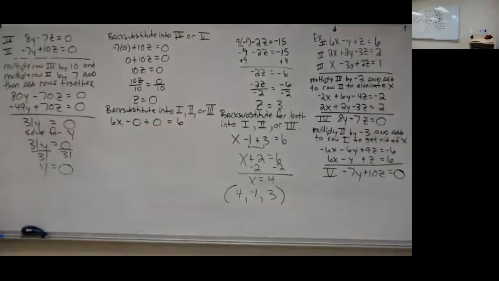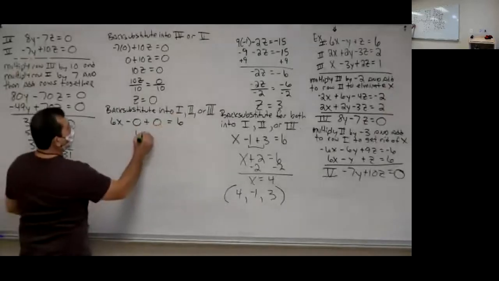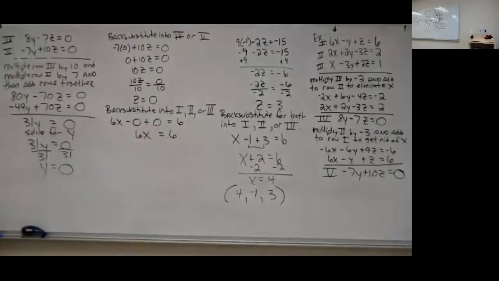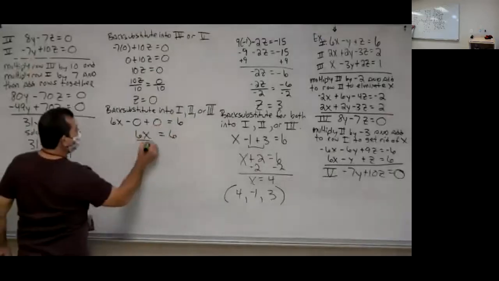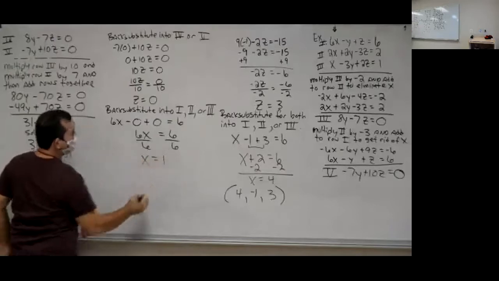So all them zeros are gone, and all I'm going to get on the left side is my 6x. I now have 6x equals 6. So I'm finally not getting a 0 for this one. Let's divide that by 6 and be done. So x is now 1.